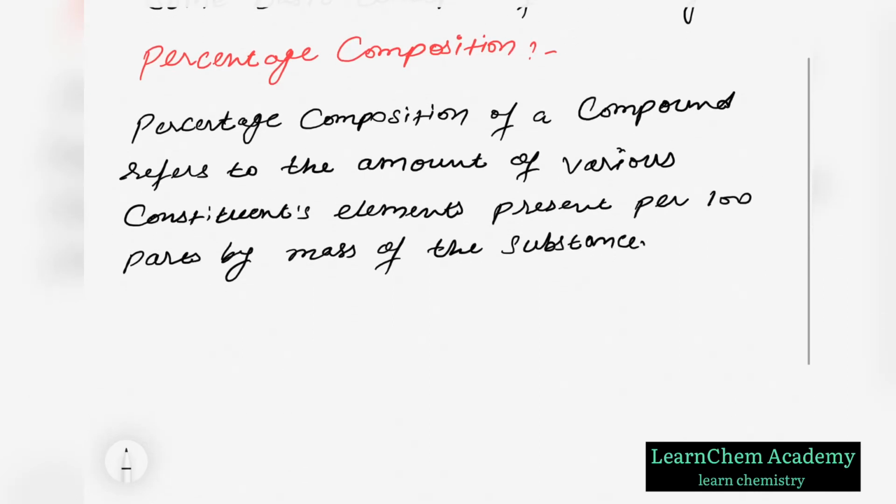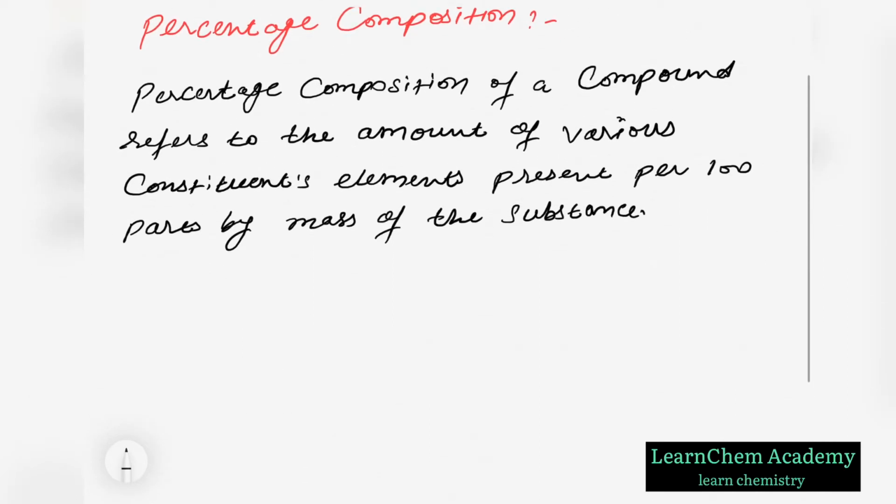So percentage composition of a compound refers to the amount of various constituent elements present per 100 parts by mass of the substance. Now we can write the formula of percentage mass of an element.